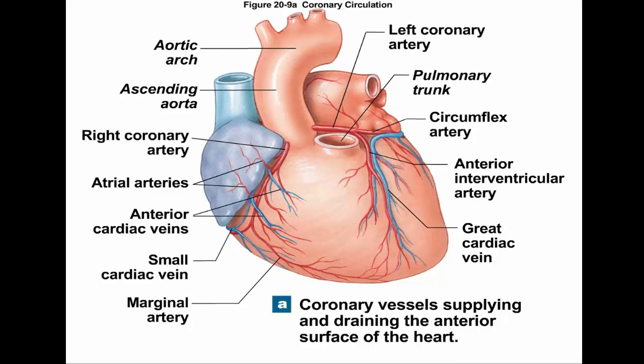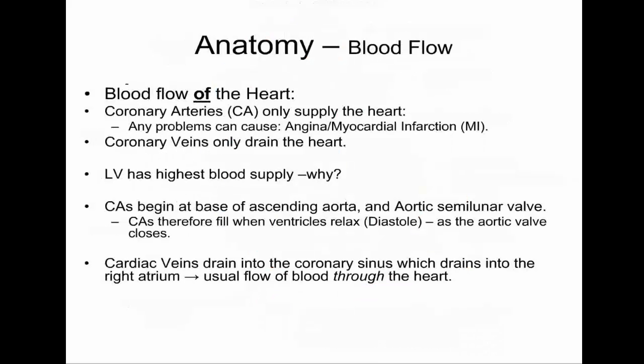So it provides a large amount of blood supply to the surface of the heart muscle, because remember, it is the left ventricle that is doing the bulk of the work, so that muscle needs to be well nourished with oxygen and nutrients so that it can continue to work for all of our lives and pump blood out to the systemic circulation. The coronary veins drain into the coronary sinus, which drains into the right atrium, and this is the usual blood flow through the heart.